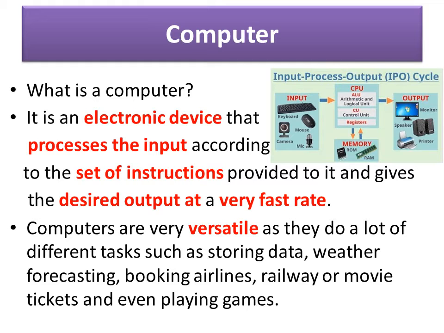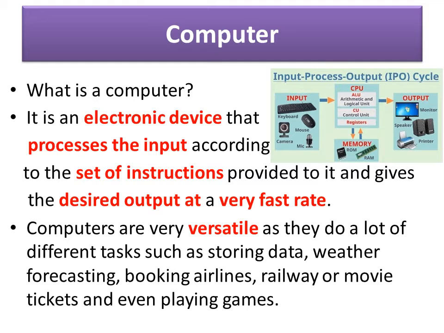Computers are very versatile. Versatile is the ability to adapt to many different functions or activities, and it does a lot of different tasks such as storing data, weather forecasting, booking airlines, railway or movie tickets, and even playing games.